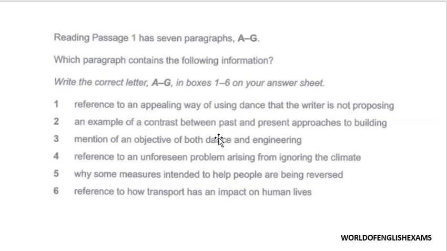So, we got it about medieval, but we need to see something related to the present in order to confirm this answer. And let's see if any other question is related to building. No, this is about climate, helping people. This we already got. So I think that this paragraph contains the answer for the second question, but let's not confirm unless we see something related to the present approach.